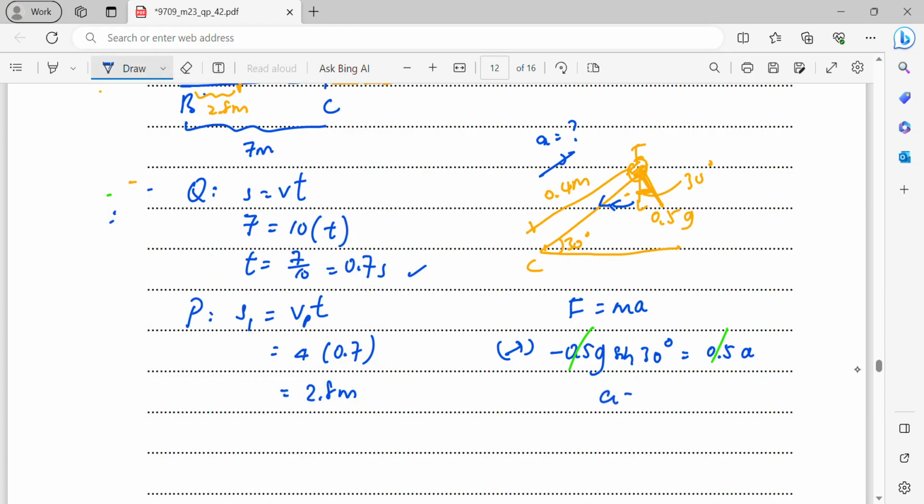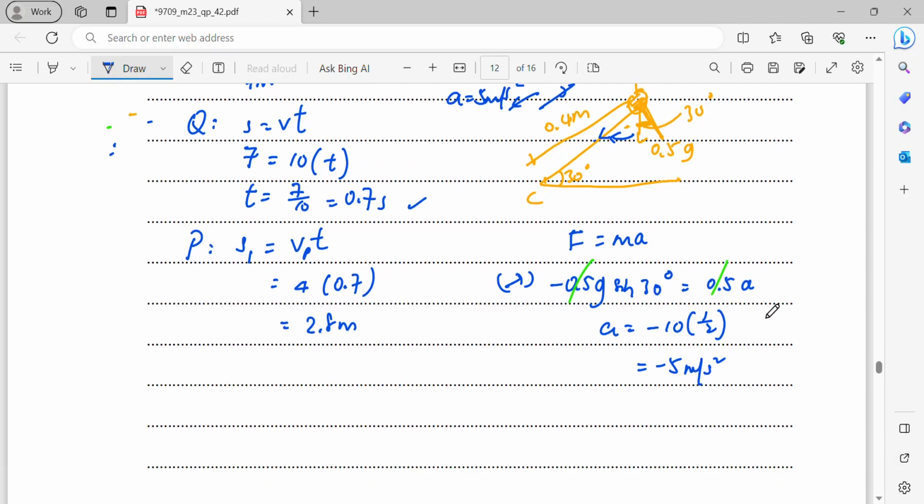Your a is basically negative 10 times half, because sine 30 is half. Then you get negative 5 meters per second squared. I treat a as positive going up, so it will go down: a equals 5 meters per second squared.